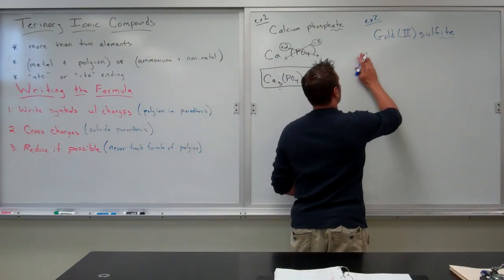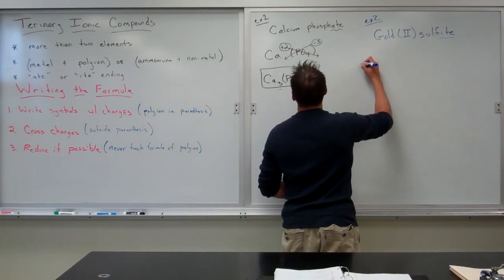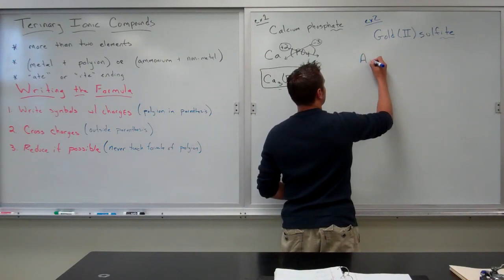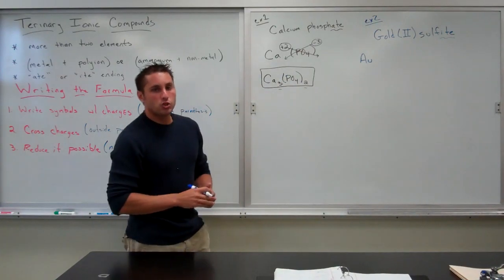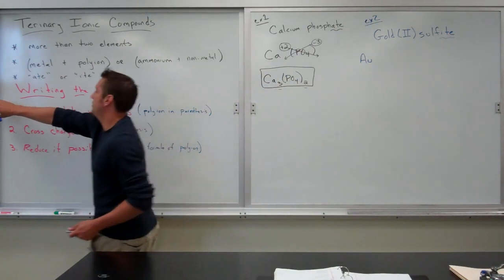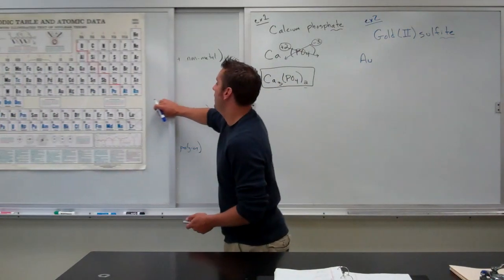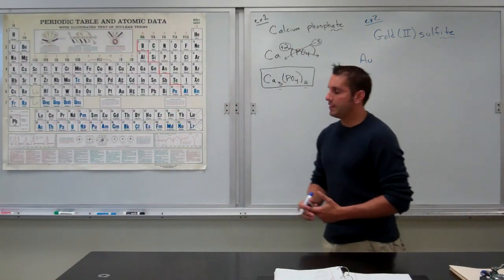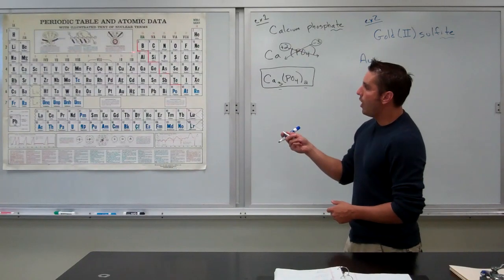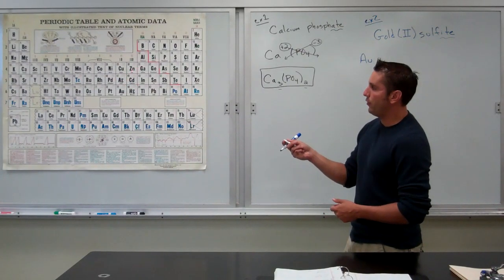So the symbol for gold is Au. And Au's charge, if we look to the periodic table, is in one of the groups we don't know by telling the table. Right? And it's not one of our three from the transition metals that we're supposed to know, Ag, Cd, or Zn.